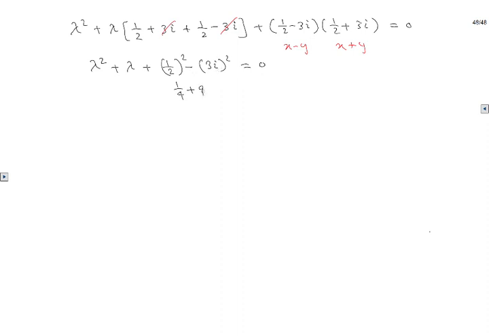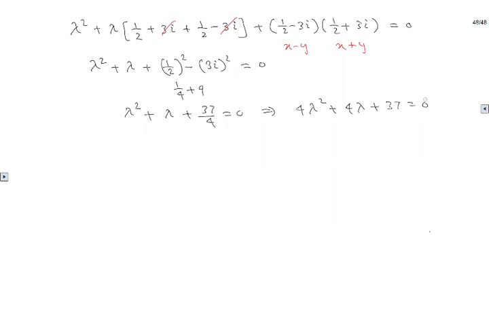If you add them, you get 1 plus 36, that means 37 over 4. So the characteristic equation is lambda squared plus lambda plus 37 over 4 equals 0. In other words, if you multiply by 4, it is 4 lambda squared plus 4 lambda plus 37 equals 0.